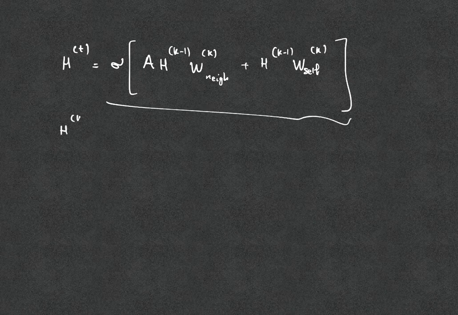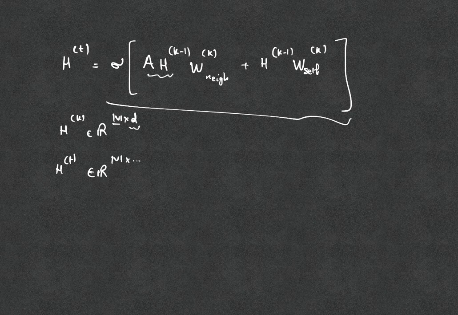Note that H_k is going to have these dimensions in this formula. And this means applying the W self on it can change this, but it leaves this one intact, so that when you have H_t, you again have this as the first dimension.